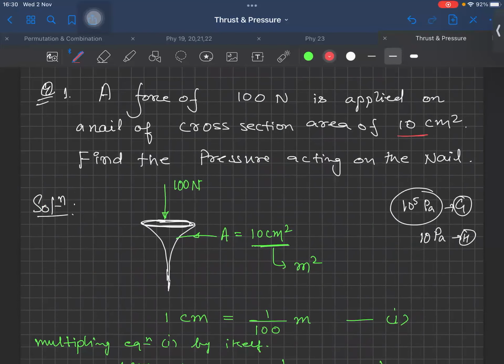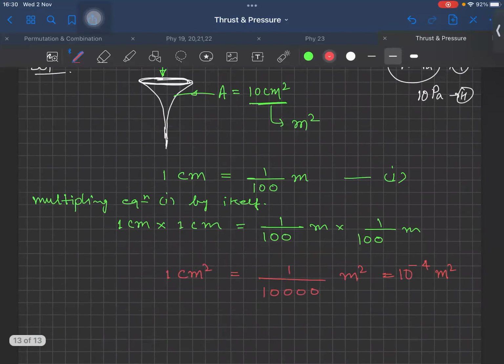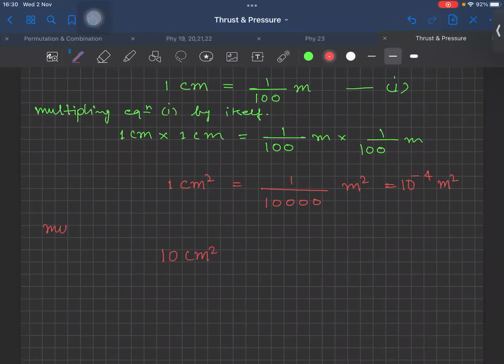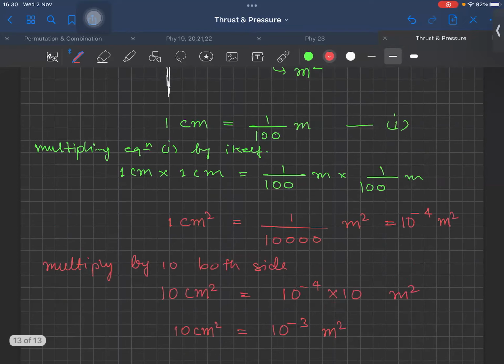Area is 10 centimeters square, so we multiply by 10 both sides. So 10 centimeters square will be equal to 10 to the power of -4 into 10 meters square. So 10 centimeters square will be equal to 10 to the power of -3 meters square.